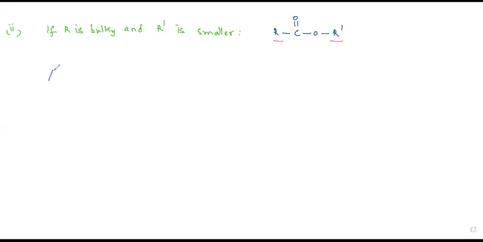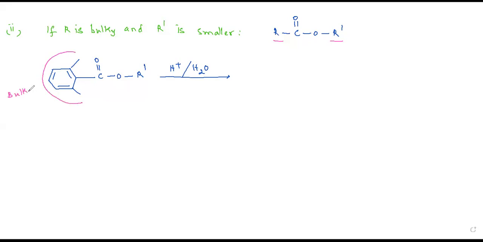Taking an example, the same acid catalyzed hydration. If suppose this happens, look at this. So this is the bulky R.